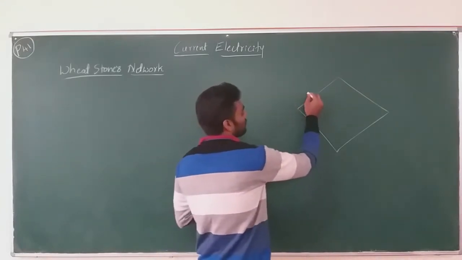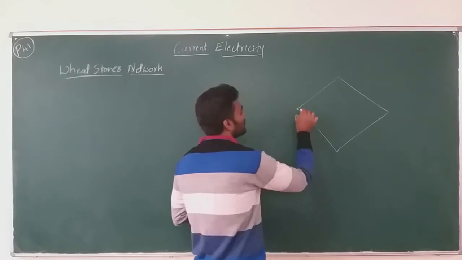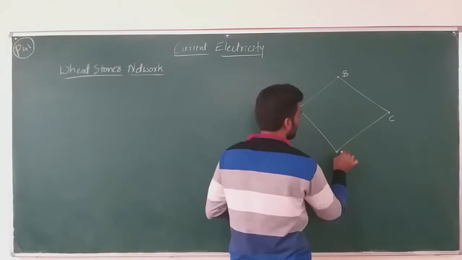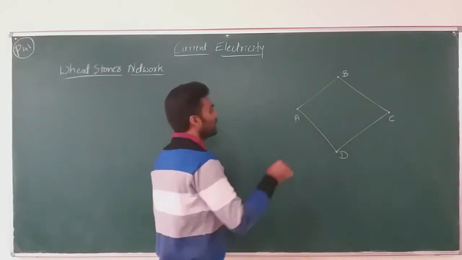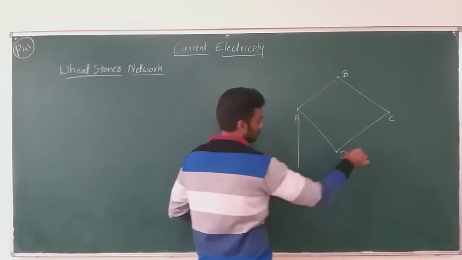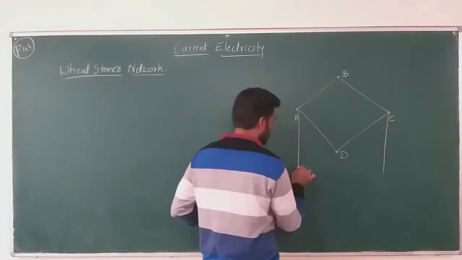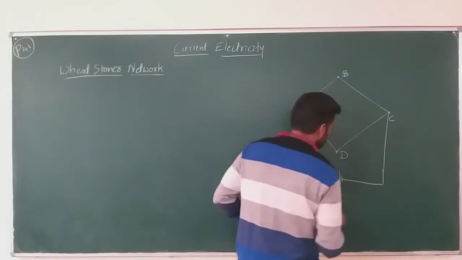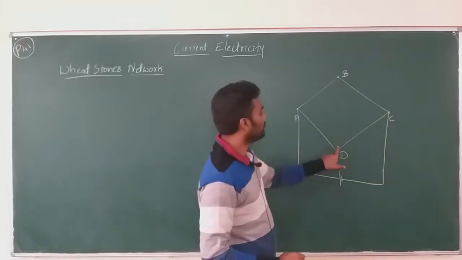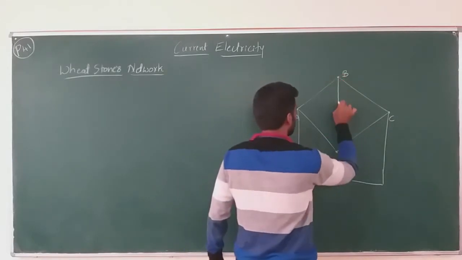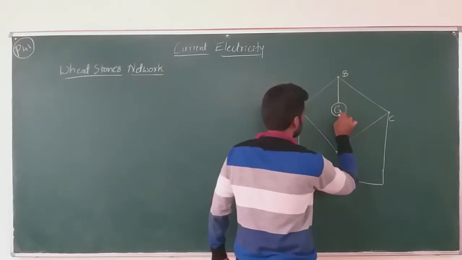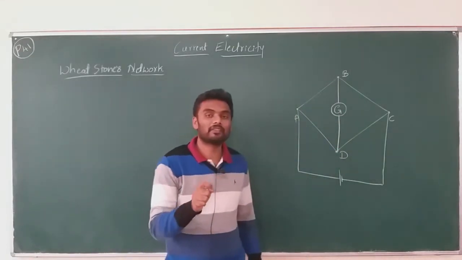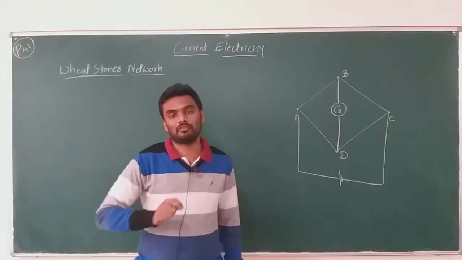Let me name the quadrilateral first: A, B, C, D. Between the terminals A and C, I am going to connect a cell, and between the terminals B and D, I am going to connect a galvanometer. Basically, what's a galvanometer? It's an electrical device which shows the presence of current.